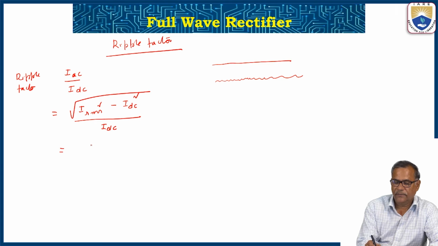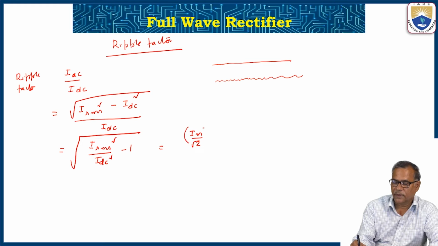We can say this is equal to the square root of IRMS square by IDC square minus 1. So what is IRMS? You know, it is Im by root 2, whole square. And what is IDC? It is 2 Im by pi, whole square, minus 1.